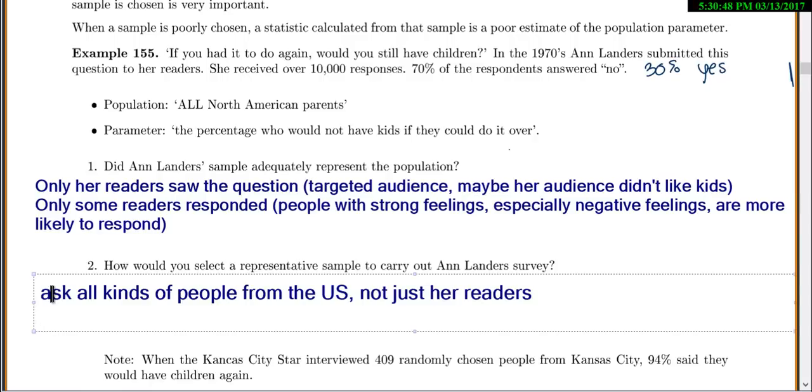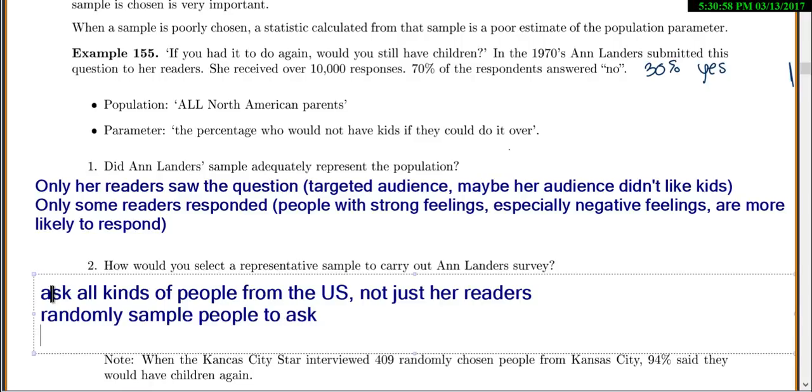And one of the things that we're always going to want to do is get a random sample. So we would want to randomly sample people to ask. And we want to make it really easy for them to respond. So again, we don't want it to be any kind of effort for them to respond, because only people with passionate feelings will actually bother responding.